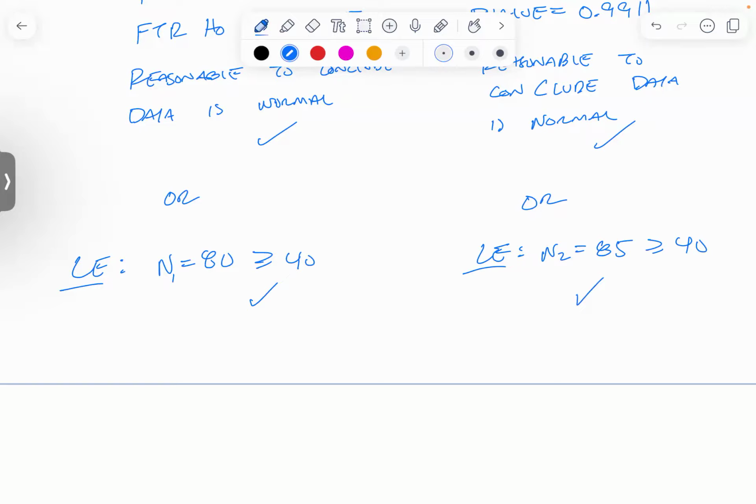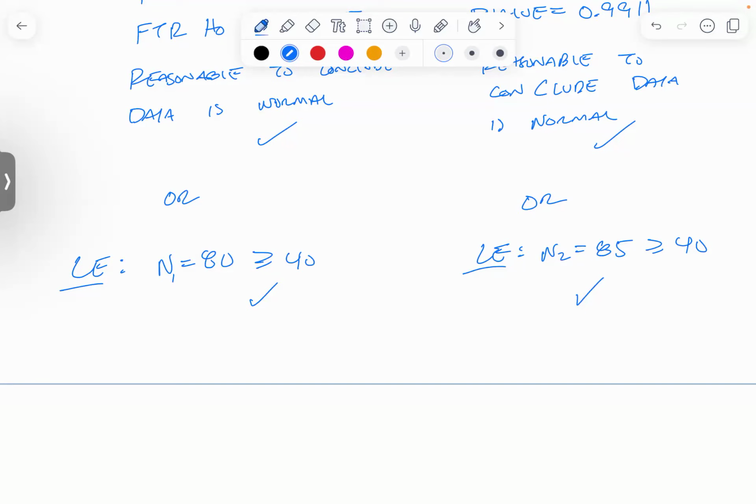Again, the large enough condition is weirdly restrictive with means, which is why we tend not to check it. But just because the t distribution is robust, as long as your sample size is reasonably large, like that one, and you don't have information on the others, you can use that as a stand-in.